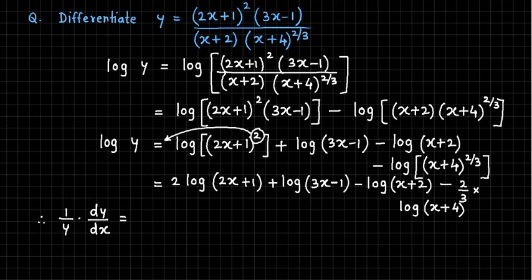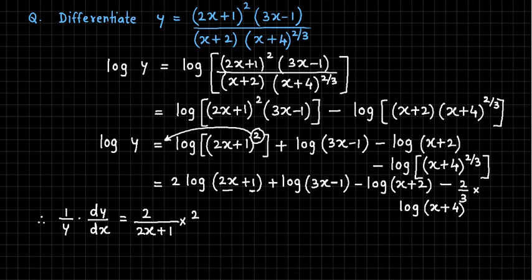On the right hand side we first differentiate 2 into log of 2x plus 1. So 2 will remain as it is, it's a constant. Then the derivative of log of 2x plus 1 will be 1 upon 2x plus 1 multiplied by the derivative of 2x plus 1. Here also we use the chain rule, and the derivative of 2x plus 1 is nothing but just 2, because that's the derivative of 2x, and the derivative of 1 is 0.